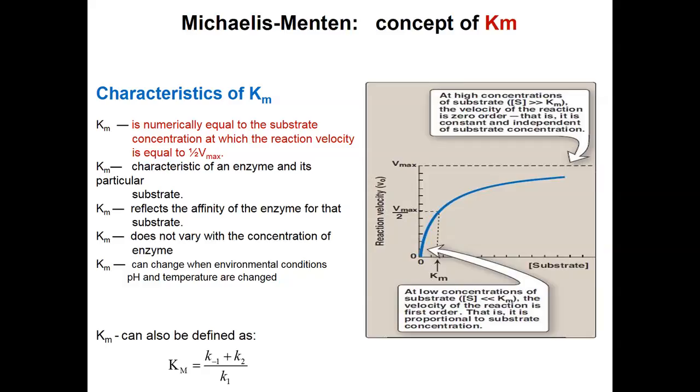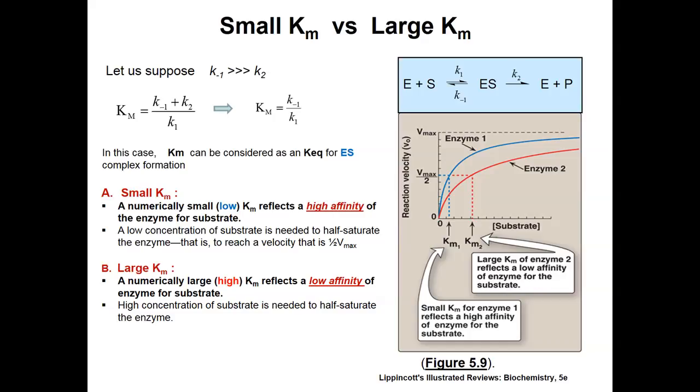All right. So here you can calculate Km numerically using K1 and K2 for K1. Basically, the two rate constants of dissociation over the rate constant of association of the ES complex. Now, as I said here, you have an enzyme E1 and an enzyme E2.